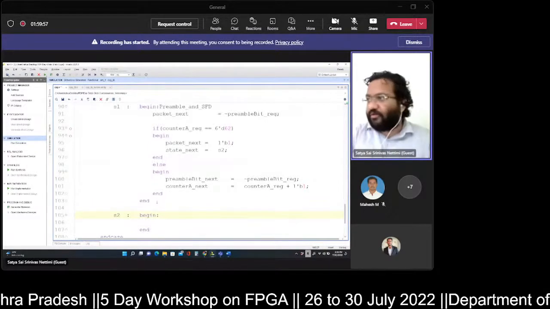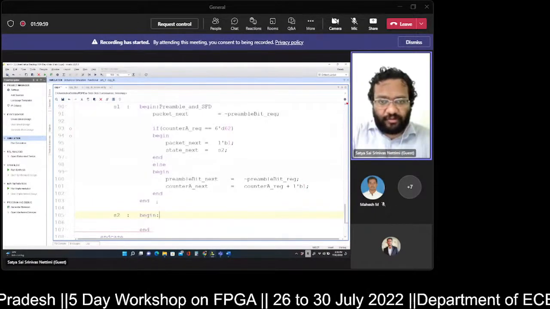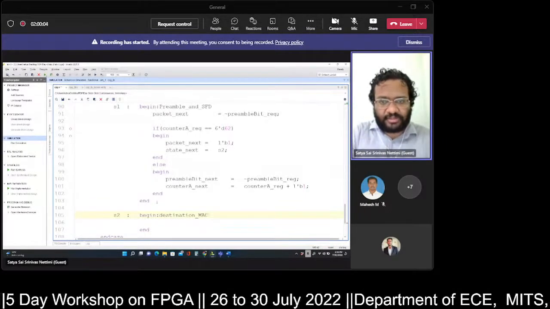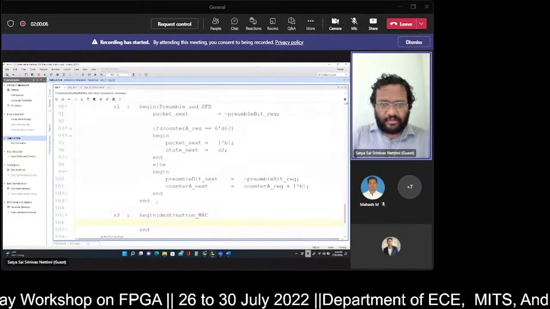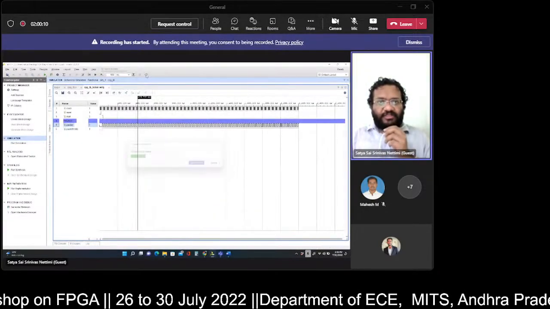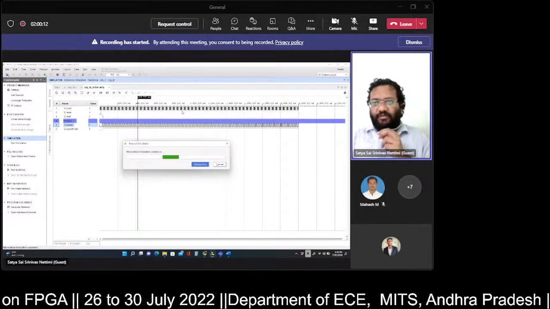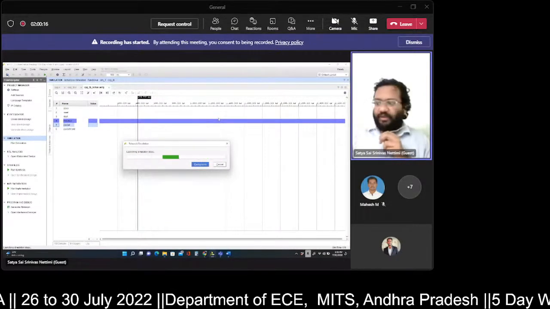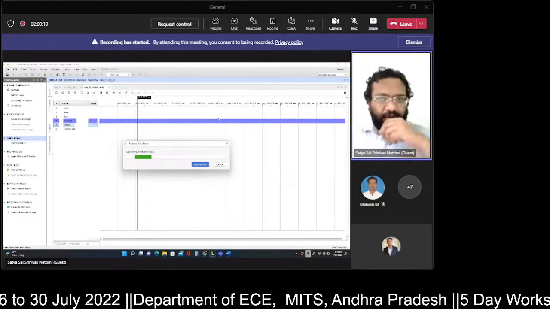So in the S2 state, what we are going to do is set the destination MAC address. So now we will relaunch the simulation once again, and we will check whether we are able to get 64 bits of preamble and start of frame delimiter.